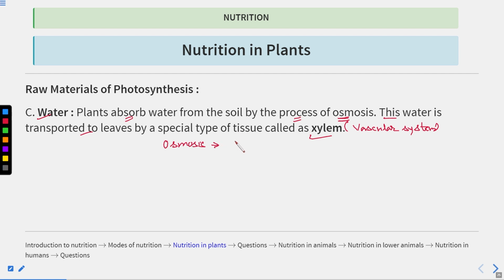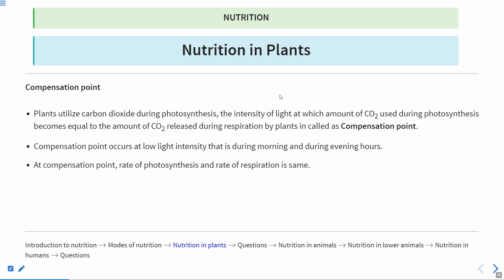There is a transport of water, or you can say the solvent molecules, from a region of high water concentration to a region of low water concentration. Okay, this is clear. All right, so these were the substrates that are required for photosynthesis.